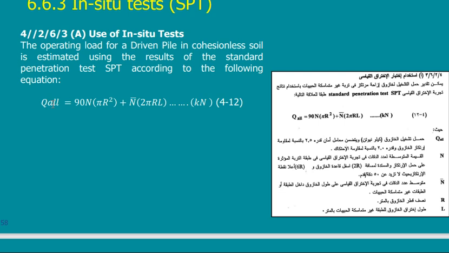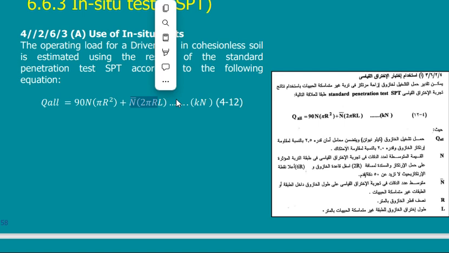Once you get it, I tell you, no, I want the Q ultimate of the bored pile. So you will take the number that resulted from multiplying this by 2.5 plus this by 2, and take the sum, divide it by 2 to get the ultimate load of the bored pile.